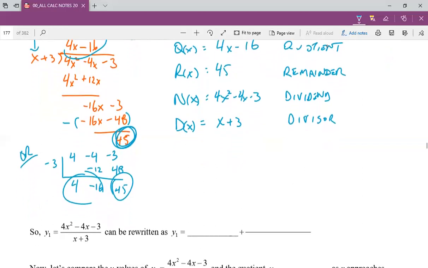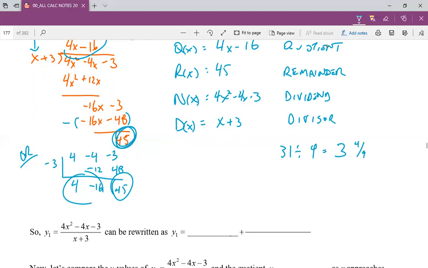What this all means, if we back it up and think about something a little simpler, say 31 divided by 9. If we did this as a long division, 9 would go into 27 three times, and we'd have a remainder of 4.